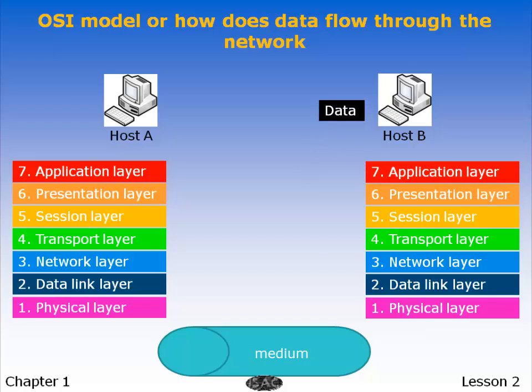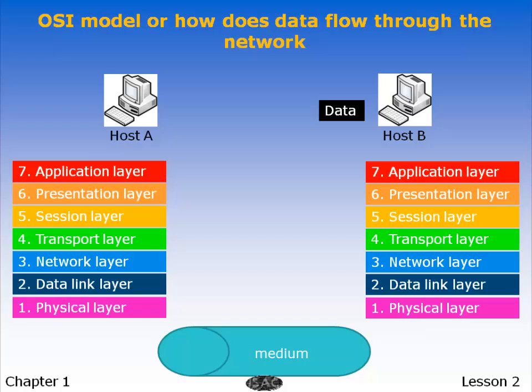And now host B receives the data. This is a complex process, and each packet you send through the network, even if you are sending hi to your friend through Skype or another chat, is processed in this way.